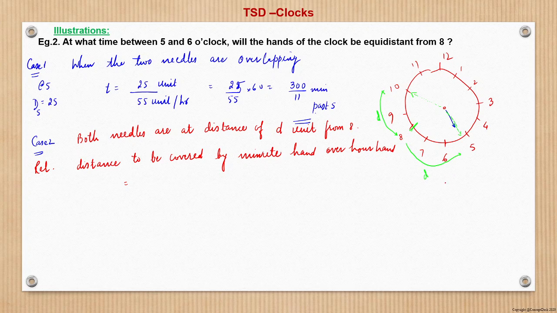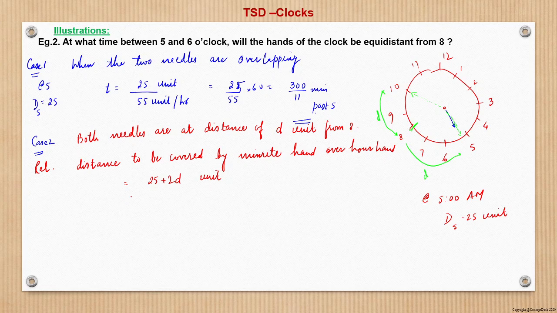We have anchored at 5 o'clock. At 5 o'clock the two needles are 25 units apart. Now after that, first the minute hand will cover 25 units with respect to the hour hand to meet, and then it will cover 2d extra, 2d distance extra, right? So 25 plus 2d units to arrive in this scenario, right?